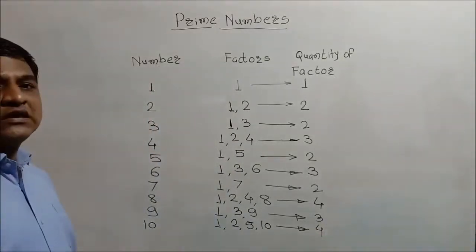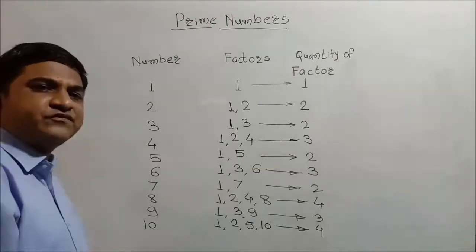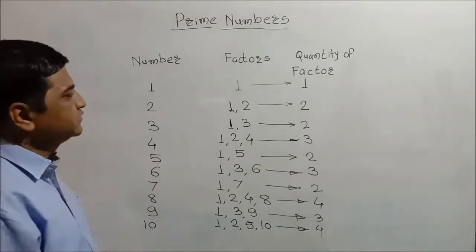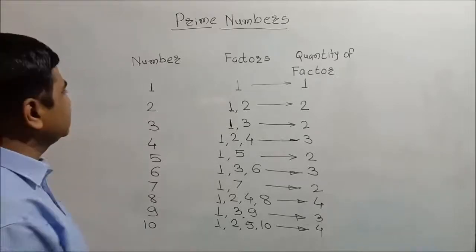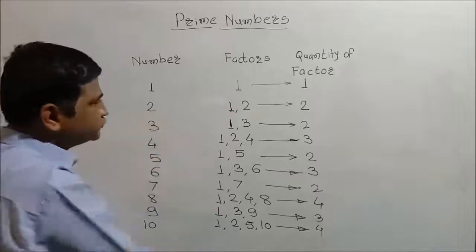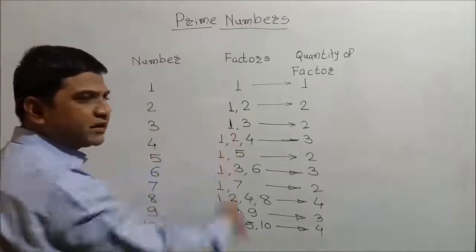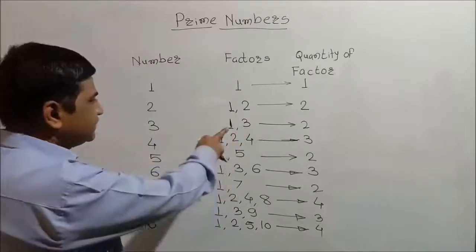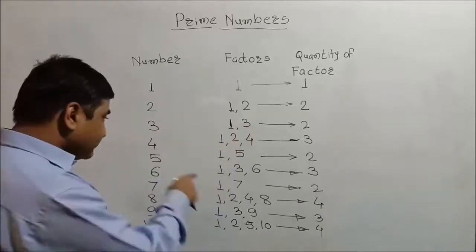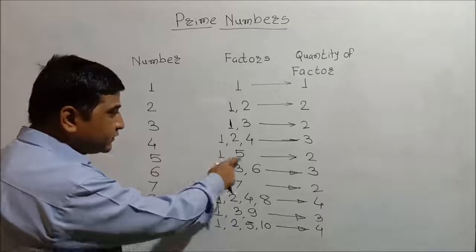Now, what is so different in this case? Well, you will see that there are few numbers which can be divided only by 1 and the number itself. For example, number 2. It can be divided by 1 and 2 itself. Then we are having 3. It can be divided by 1 and 3. We are having number 5, which can be divided by 1 and 5 itself.